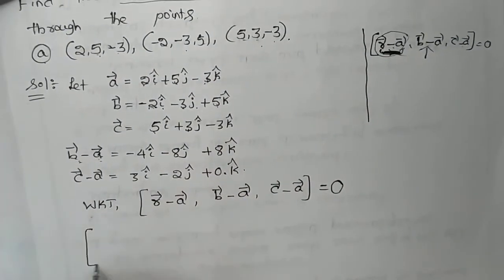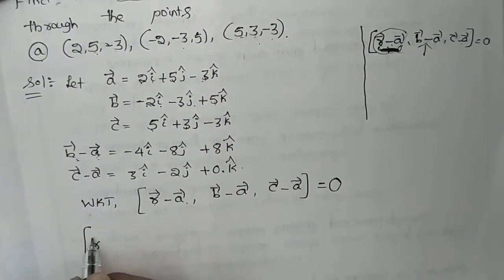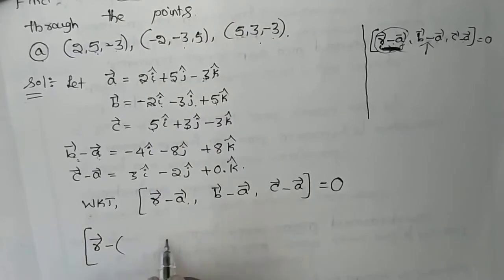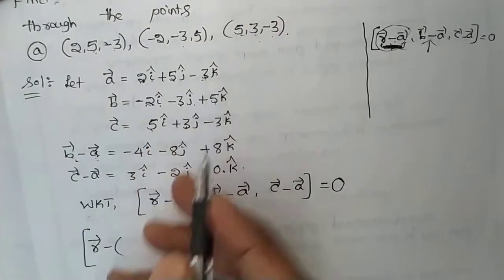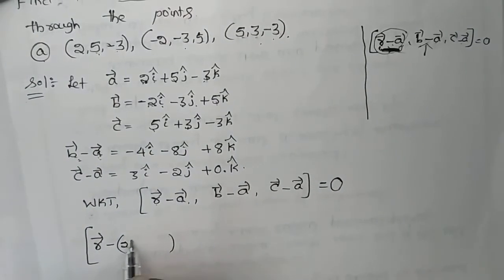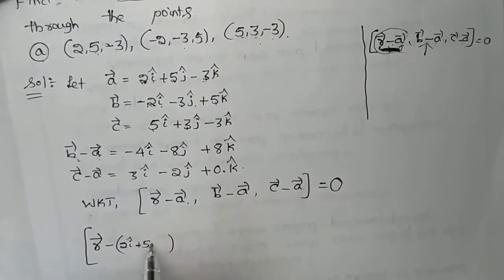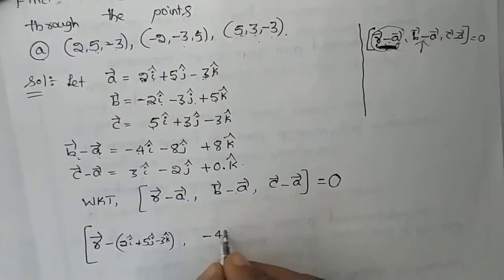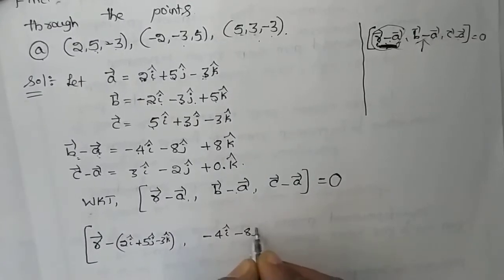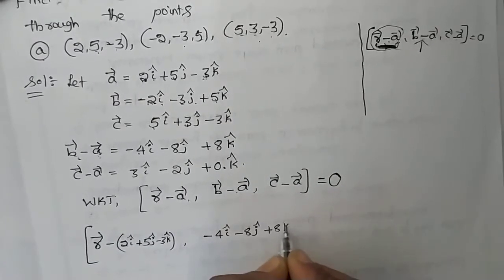Now the scalar triple product of r vector minus a vector, where a is 2i plus 5j minus 3k, comma, b minus a will be minus 4i minus 8j plus 8k.